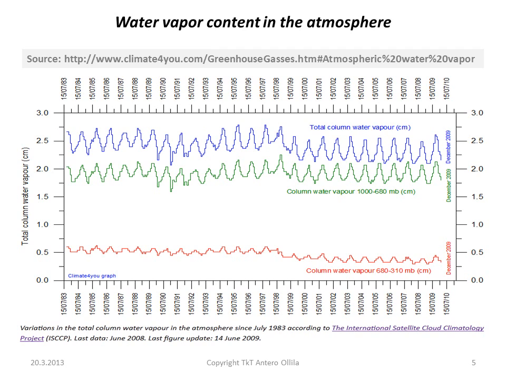The time scale here is from 1983 till 2010. So we have all the reason to believe that in average the water content in the atmosphere is 2.6 centimeters.